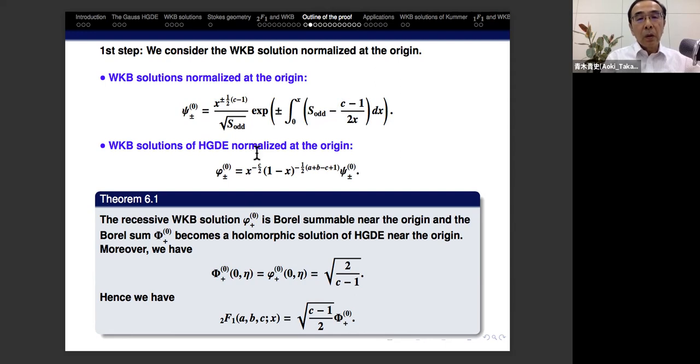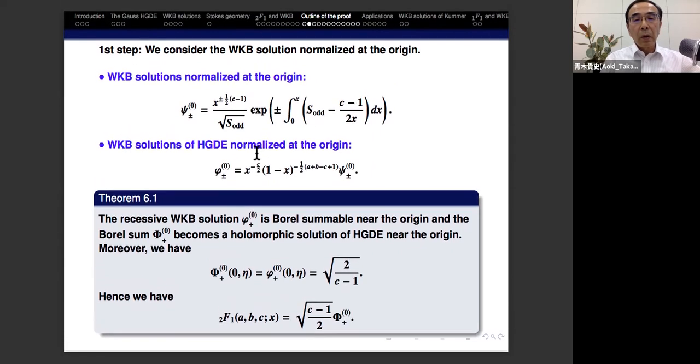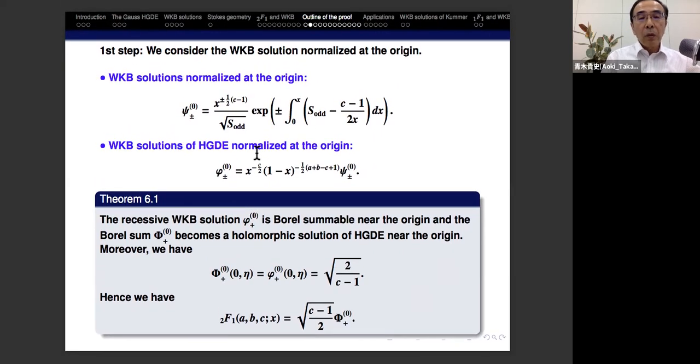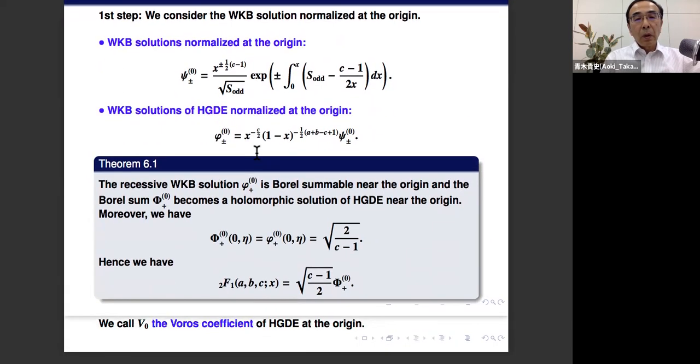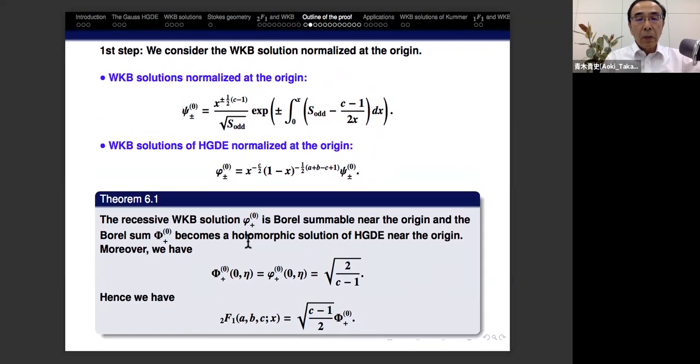And this WKB solution is corresponding to the classical hypergeometric function. One of these is the recessive WKB solution. By the choice of our branch of square root, phi plus node is a recessive solution, and this one is Borel summable near the origin.